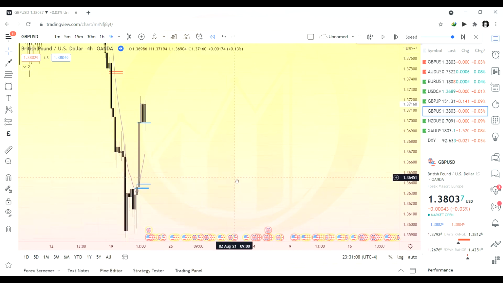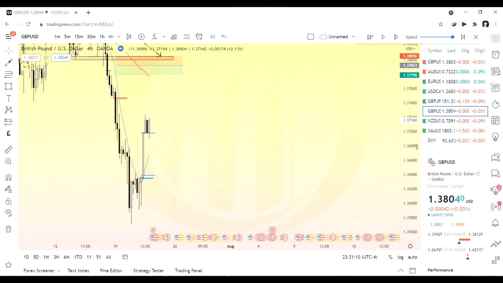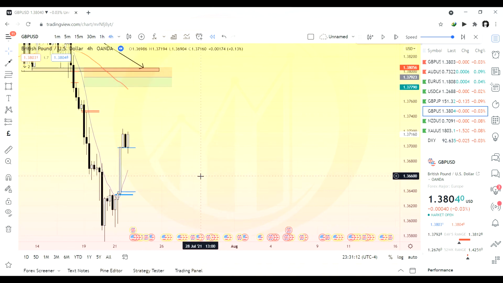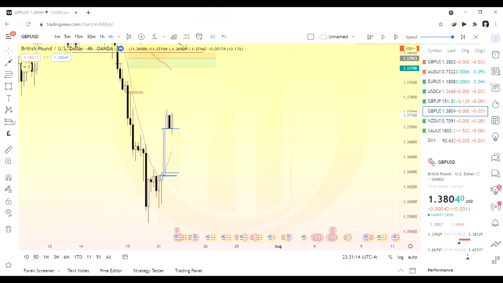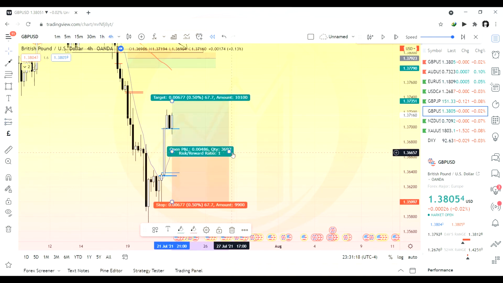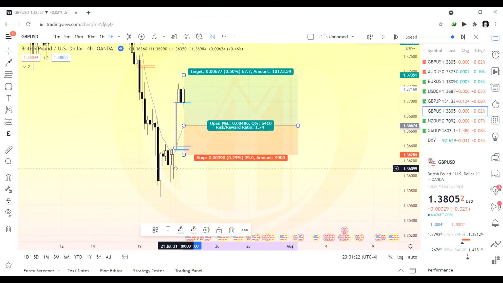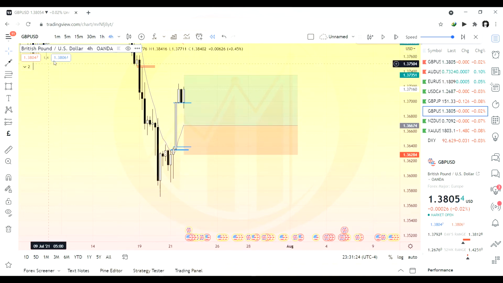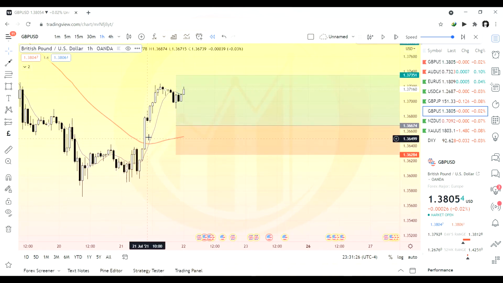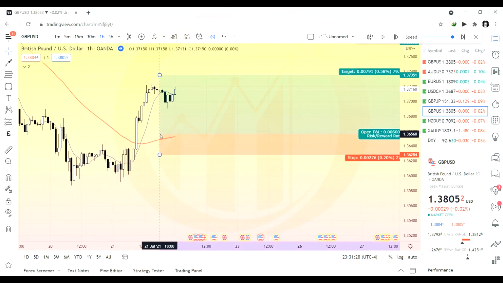We're heading back up. You're seeing another fair value gap. So I'm going to put my buy limit right here in the middle. And sometimes these stop losses could be quite big, so sometimes you want to refine these FVGs.